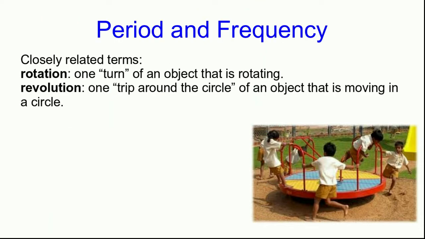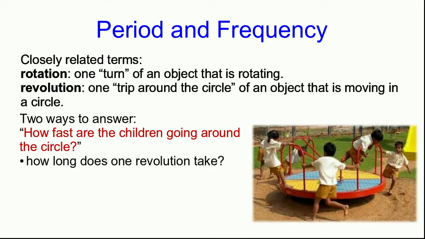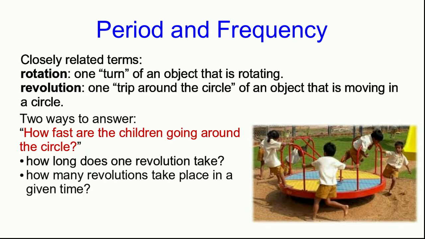So we've already seen the closely related terms of rotation and revolution. The time for one rotation of this merry-go-round will be the same as the time for one revolution of one of the children. And we have two ways to answer this question, whichever way we decide to phrase it. We could ask how long one revolution takes.